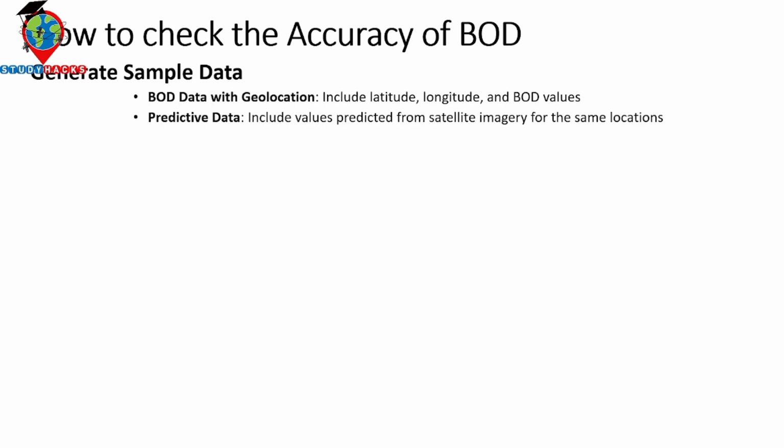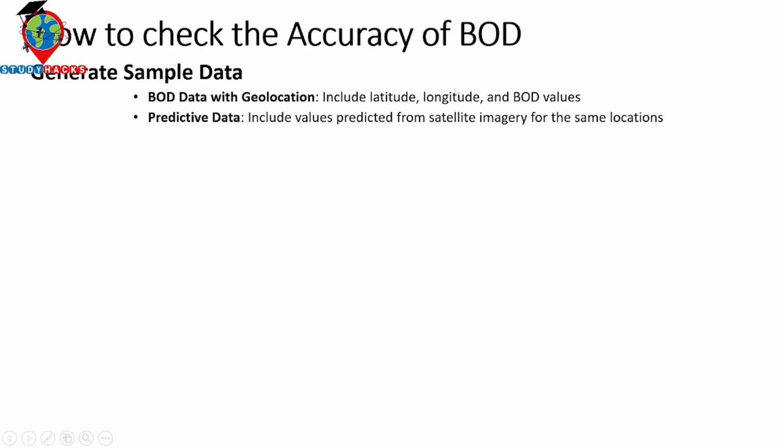We also check the accuracy. To check the accuracy of your BOD map, you need to generate sample data. We need BOD data with geolocation, including latitude, longitude and BOD values. You go to your study area or water body, take samples with their latitude and longitude, and do a laboratory test to find the BOD value.